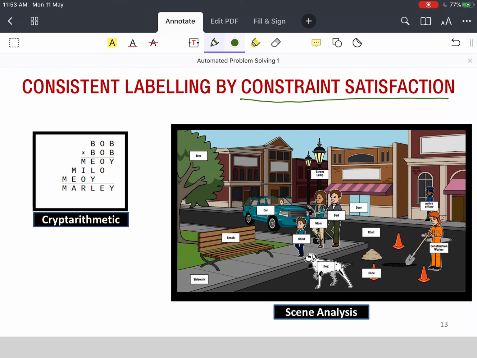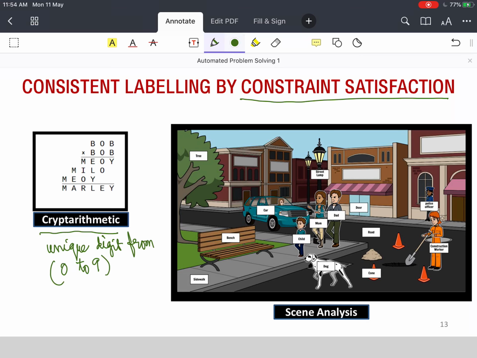I will take you through 2 or 3 cases. Look at this cryptarithmetic problem. Here I have written a cryptarithmetic solution to a multiplication problem where every alphabet letter in this solution is a unique digit from 0 to 9.